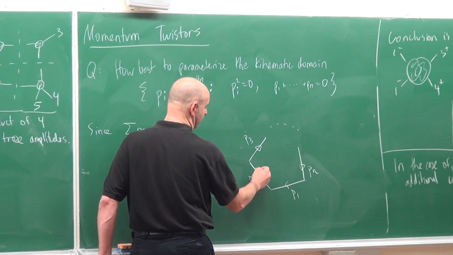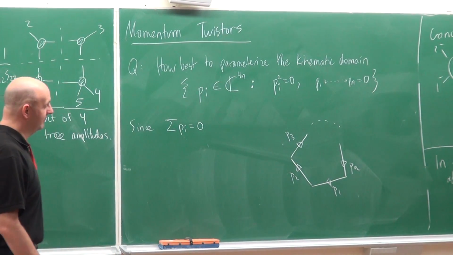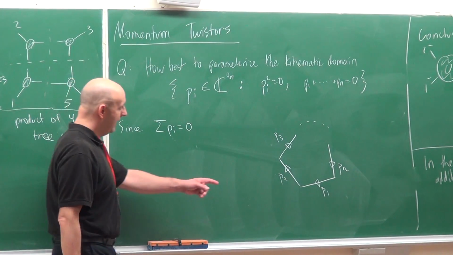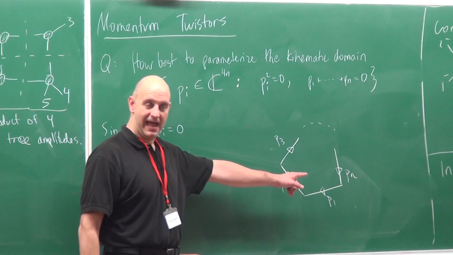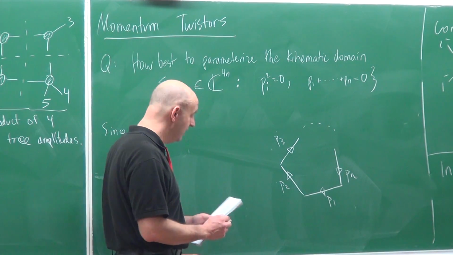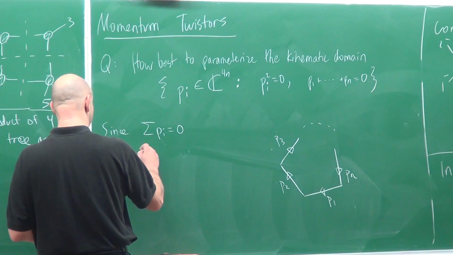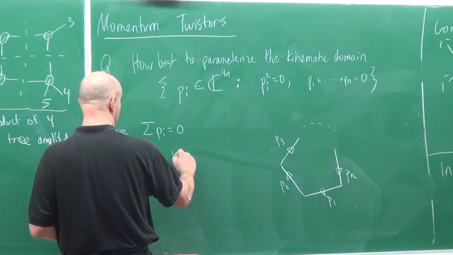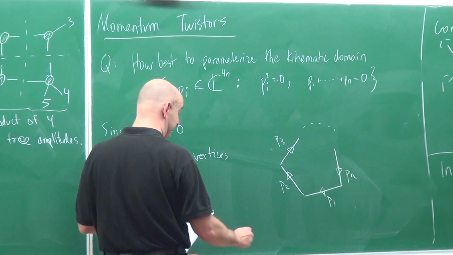Okay, so each of these line segments represents a null line segment in the Minkowski space. And if you put your n momenta back to back, they have to form a closed polygon because they sum to 0. So we can define, let x_i be the location of the vertices in this diagram.